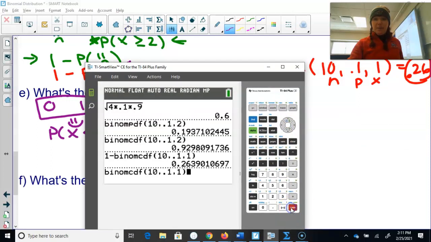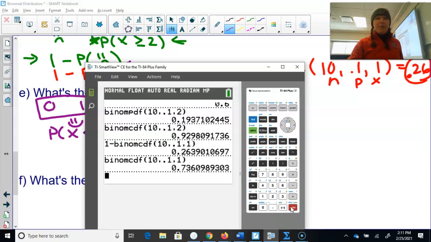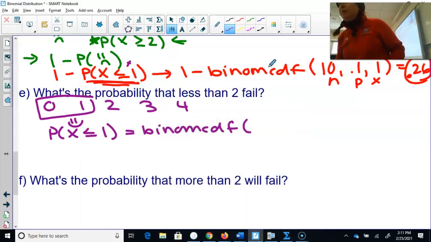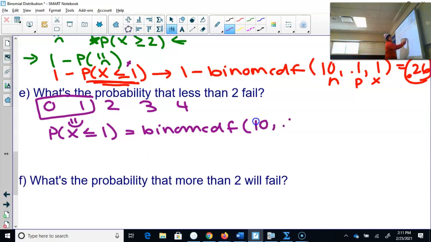I'm gonna go ahead, I'm gonna paste, and I get 0.74. So I have 10, 0.1, comma 1, NPX, 0.74. All right, ladies and gentlemen, let's go to the next one.